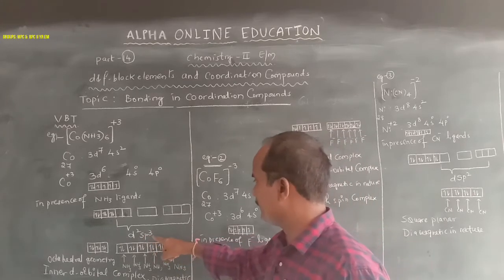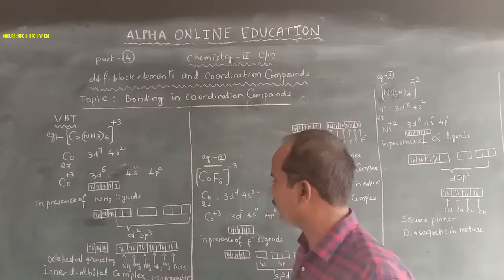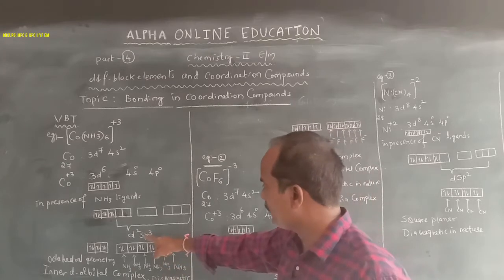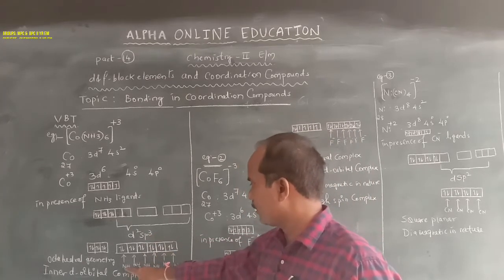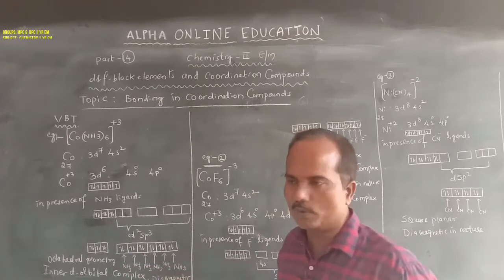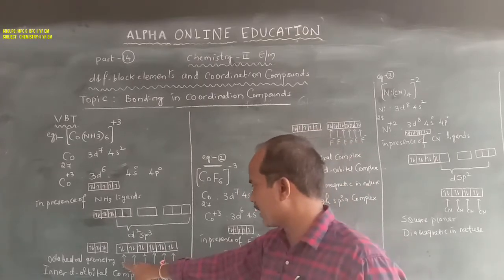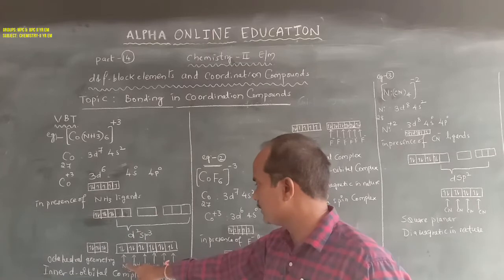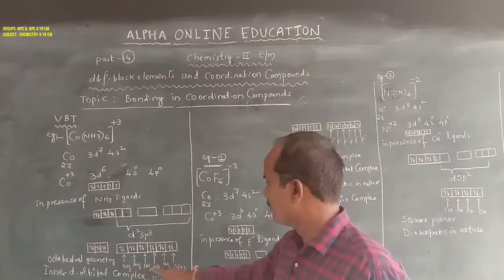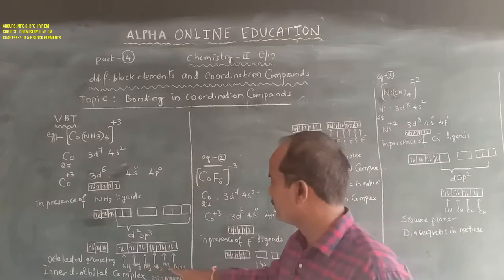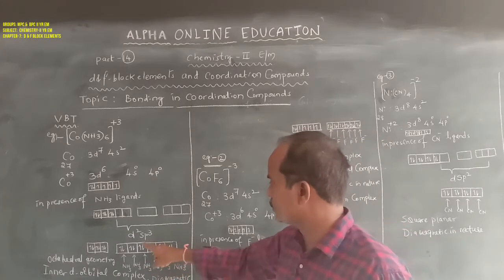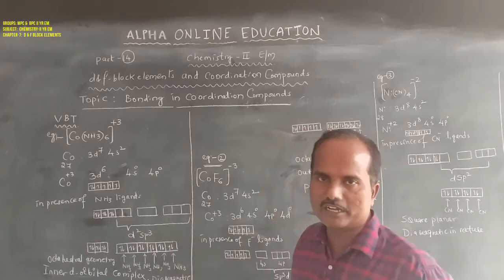These vacant hybrid orbitals overlap with the ligand orbitals of ammonia. Nitrogen has a lone pair of electrons, so 6 ammonia ligands donate 6 pairs of electrons to the d2sp3 hybrid orbitals.